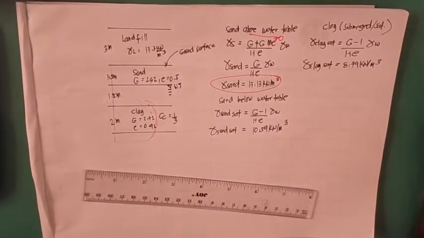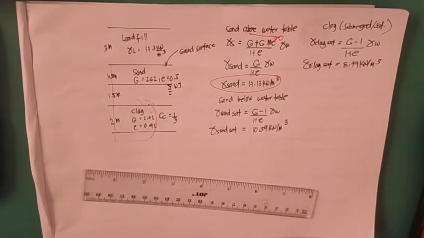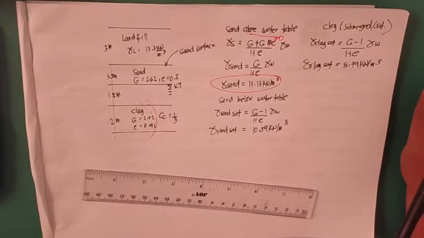Now, we are ready to determine the value of the consolidation of the clay. And of course, based on the given, it is assumed that you are solving a normally consolidated clay because there is no given pre-consolidation pressure, Pc.